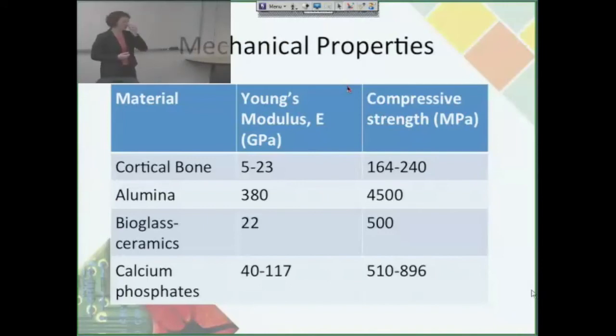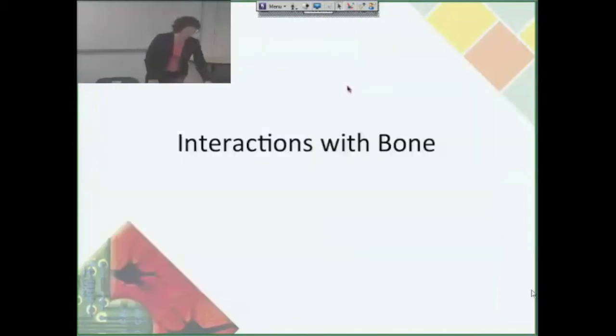Bioglass ceramics are close to the Young's modulus, but that's just one aspect of their mechanical properties that's listed here, and you would need to analyze a whole range of mechanical properties to make sure it's a good match. So when we're talking about ceramics, I think the interactions that ceramics have with bone are really interesting.